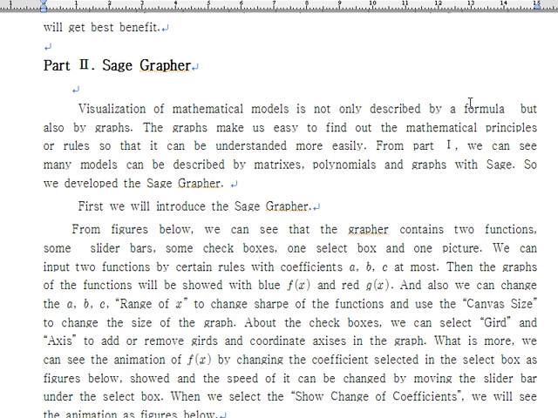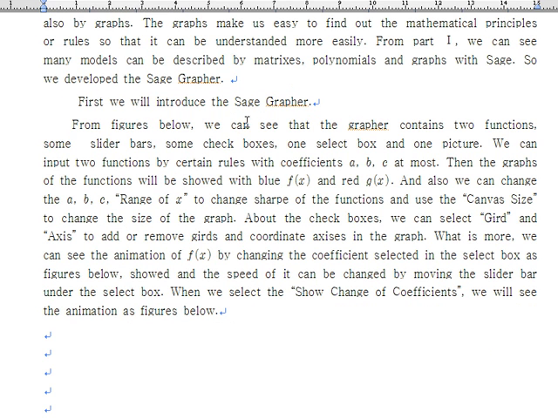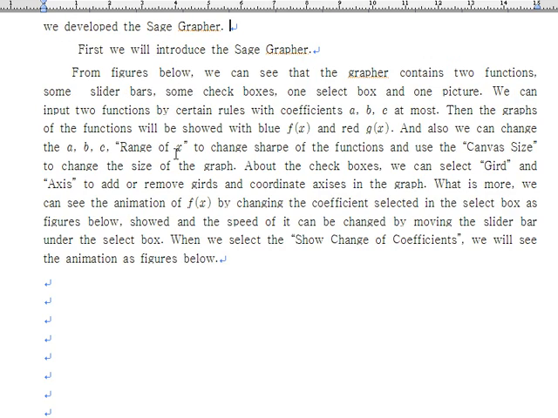From part 2 we can see many models can be described by matrices, polynomials and graphs with Sage. So we developed the Sage grapher: we input functions, get the graph, make animations of it, and get some results.